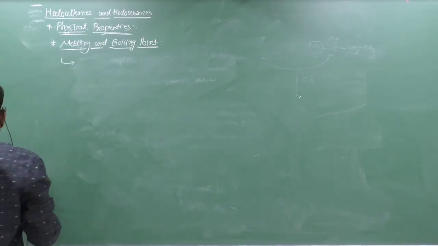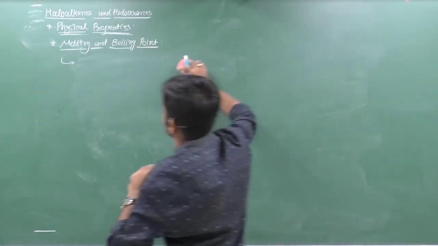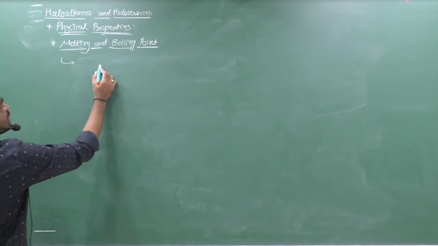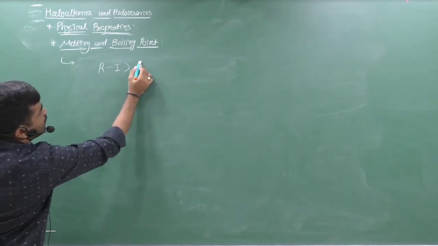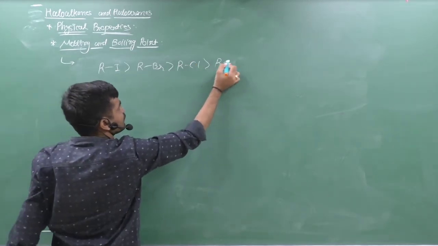Now, if we compare the boiling points of alkyl halides with different halogens, it is RI, RBr, RCl and RF.